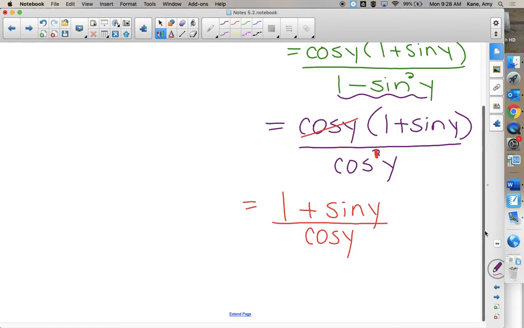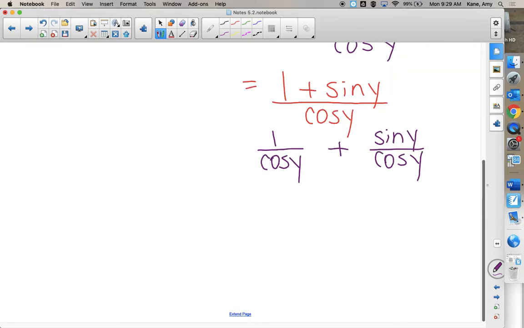So we could take 1 over the cosine, make it an addition sign, and then we have sine over cosine. It is a common denominator. Those 2 statements are the same, but once you separate them, you now have 2 separate parts. And it's addition. So 1 over the cosine is secant y, and sine over the cosine is tangent y.